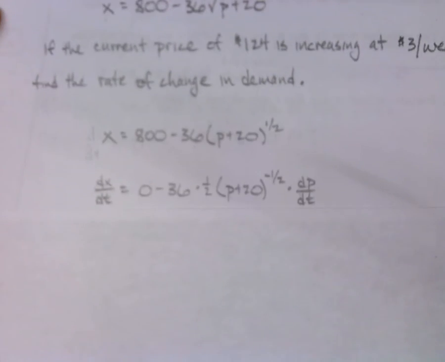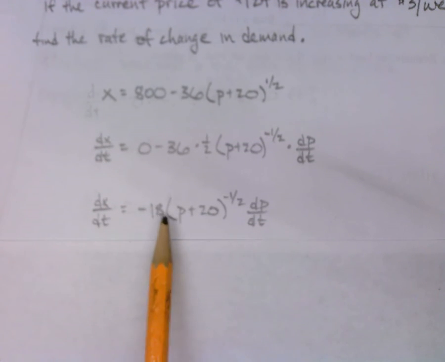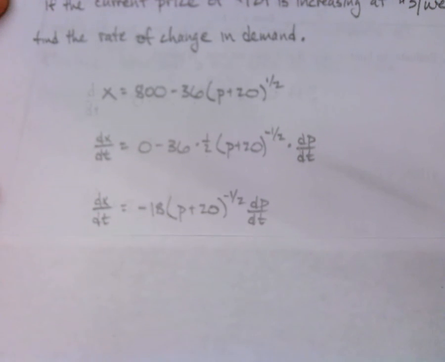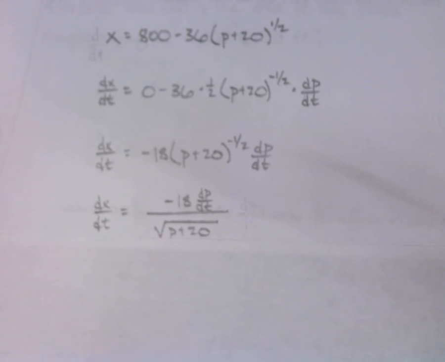And after we clean it up, looks a little bit nicer this way, negative 18. Okay, yeah. And you know what would be even better? We've got a negative exponent. Let's tuck that underneath and even turn it back into a square root.